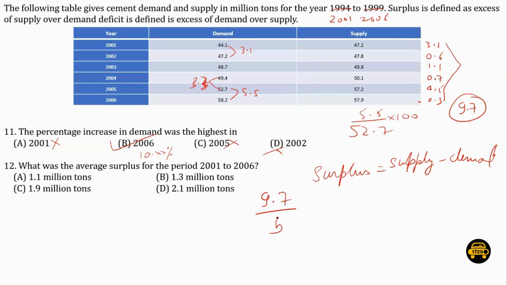Why 5? Because from 2001 to 2006 there's a gap of 1, 2, 3, 4 and 5 periods. We have been asked about the period between 2001 to 2006, so there will be 5 periods, and dividing this, we'll get 1.94. So the closest option is 1.9 million tons.